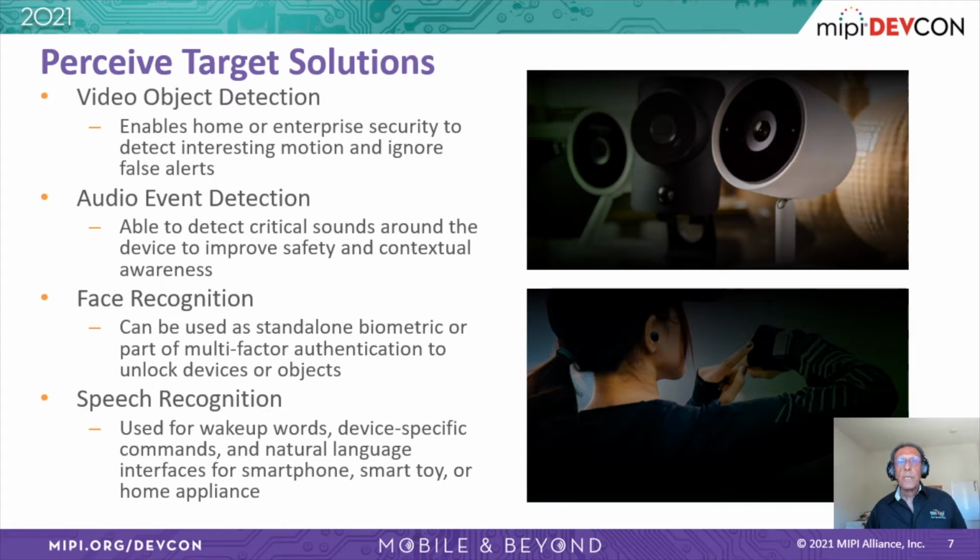Face recognition can be used as a standalone biometric or part of a multi-factor authentication to unlock the device or objects. Speech recognition is used for wake-up words, device-specific commands, and natural language interfaces for smartphones, home appliances, and smart toys. Next, we will overview the different types of applications that the Perceive device targets in some specific use cases.